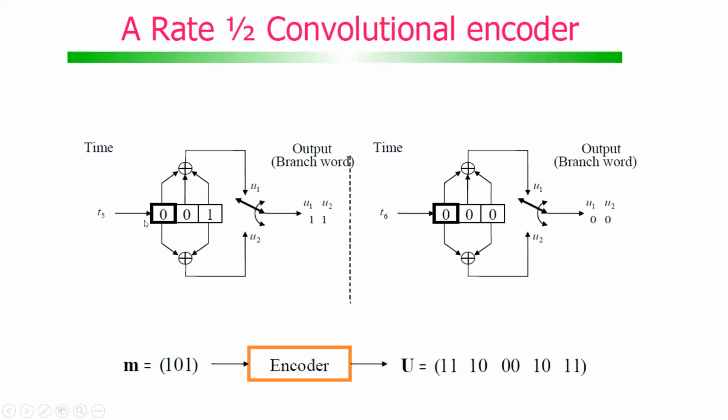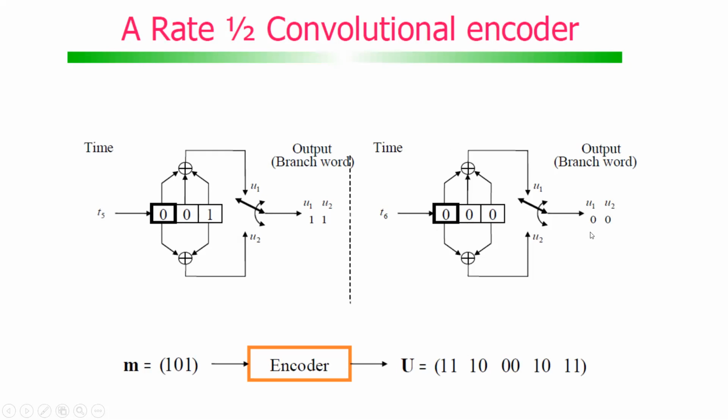Look at again, input one more 0. So do the XORing, because at present the input bit and the 2 memory elements are not all zeros. So find out the branch word. The branch word is 11. Again input one more 0. So now the input bit is also 0, the first memory element is also 0, the second memory element is also 0.